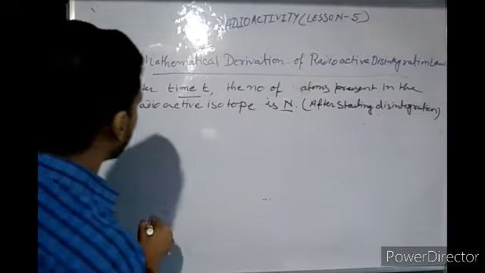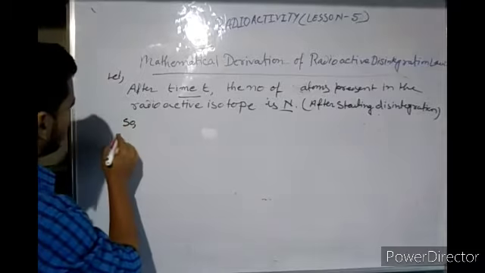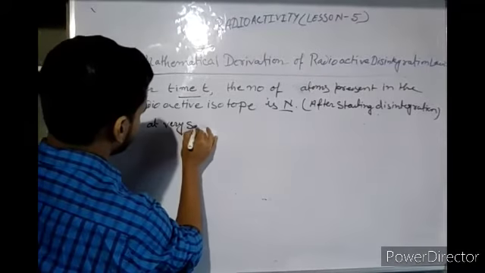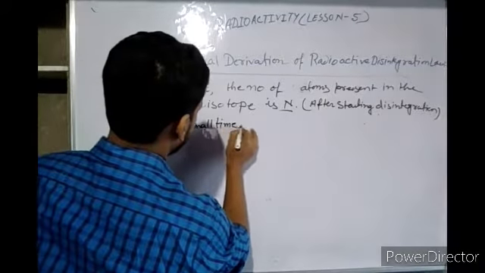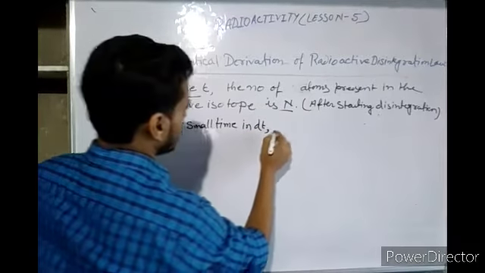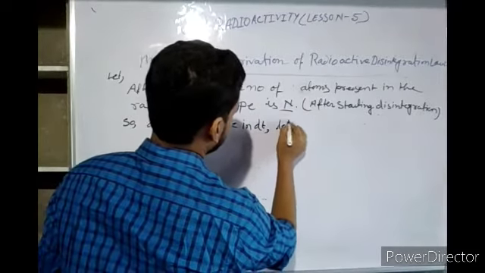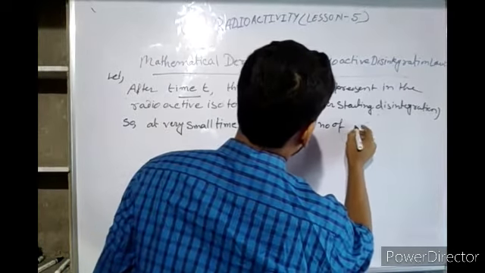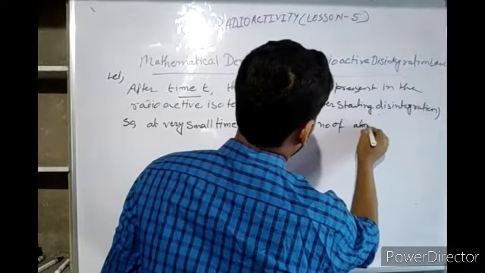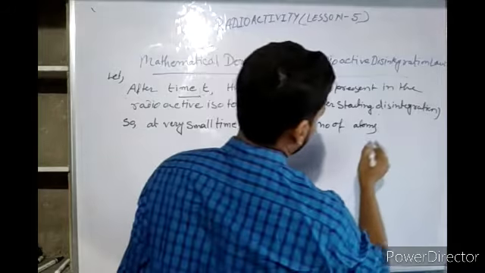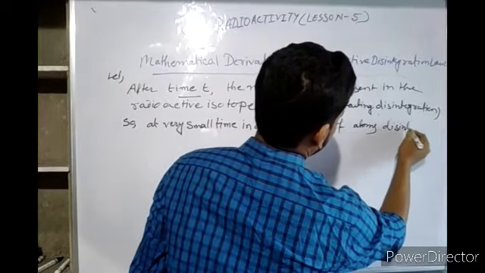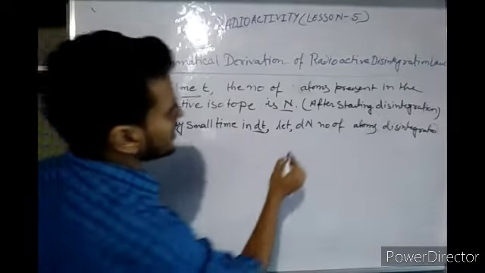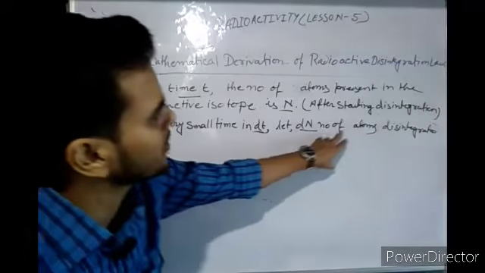So at a very small time dt, let dN number of radioactive atoms disintegrate.